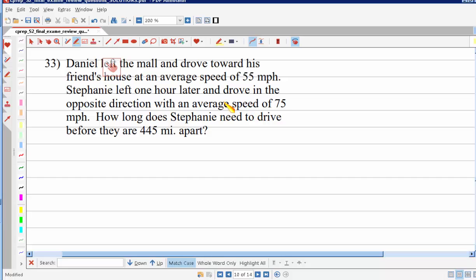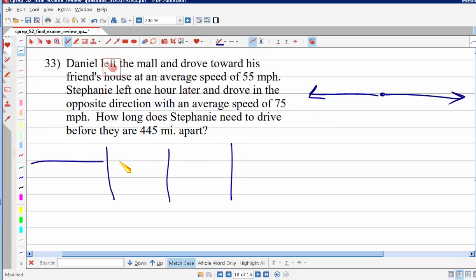Okay, now we have a rate time distance problem. Opposite direction. We're always going to have something like this, and we add up their total distances and get how far apart they are after a certain amount of time.